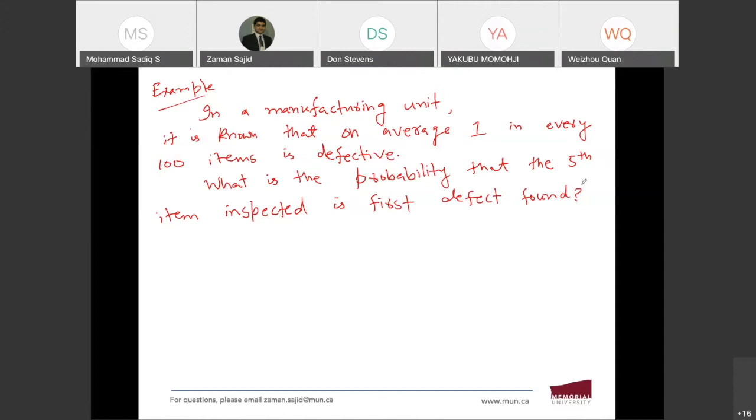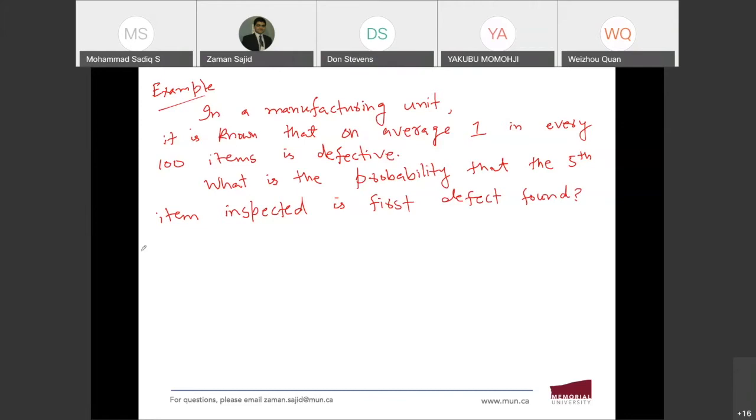So in a manufacturing unit, it is known that on average 1 in 100 items is defective. What is the probability that the fifth item inspected is first defect found?